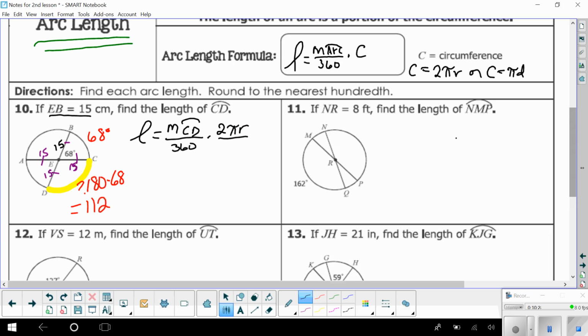And you can put this over 1. So we have 112 divided by 360 times 2 times 15 pi over 1.